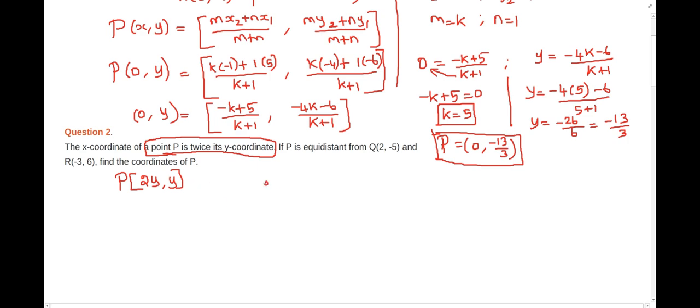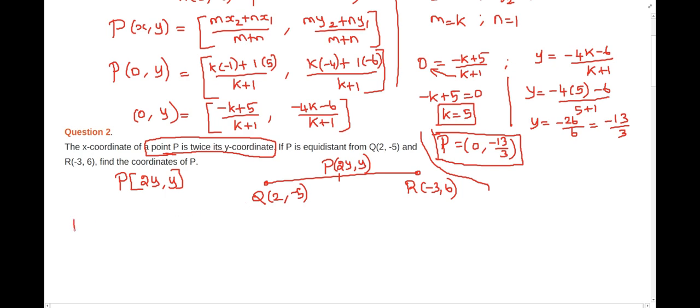Now again draw a diagram. The points are Q and R. Q is (2, -5) and R is (-3, 6). P will be (2y, y). Okay.